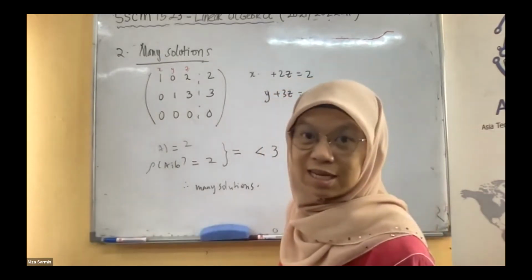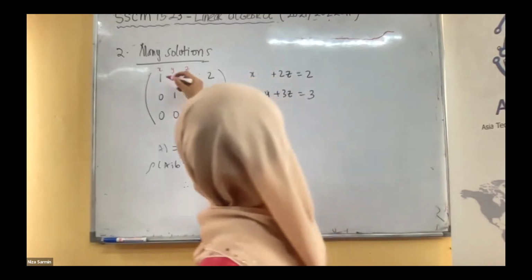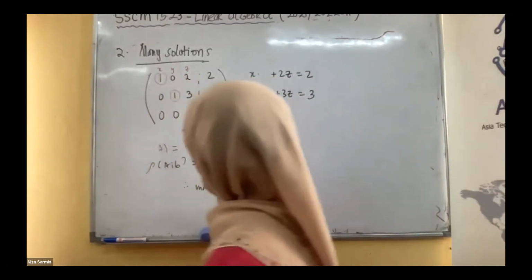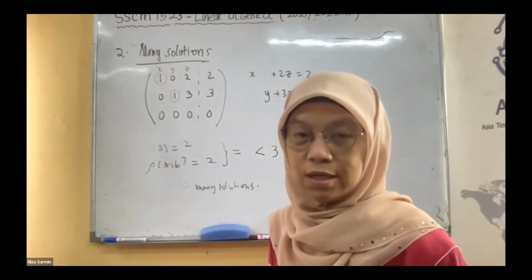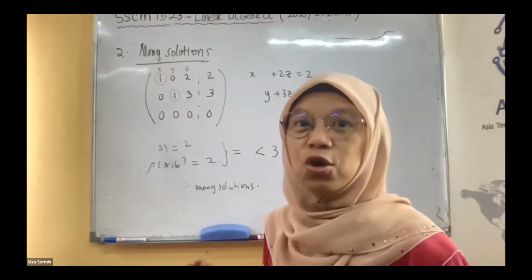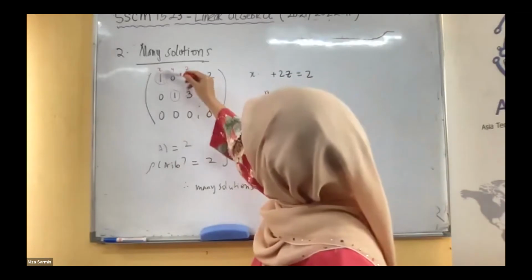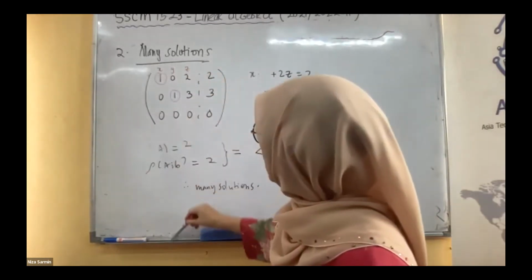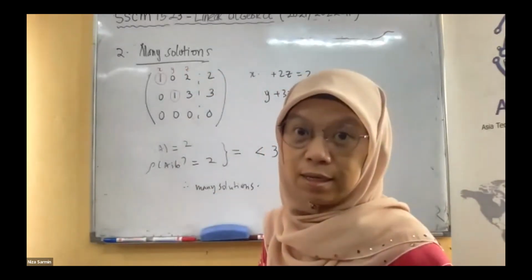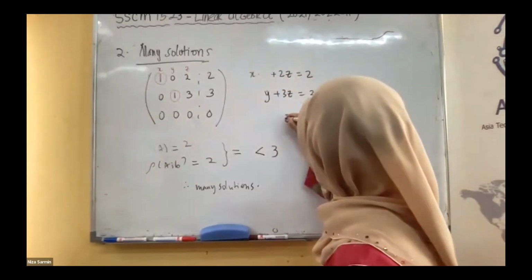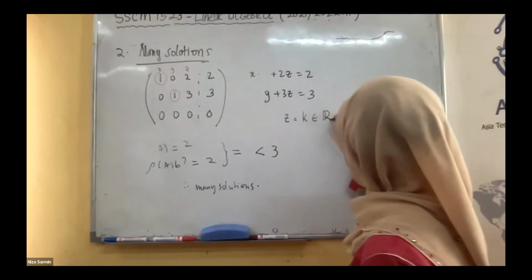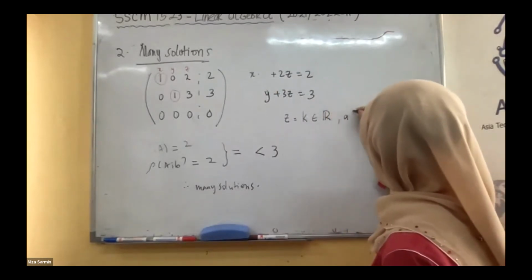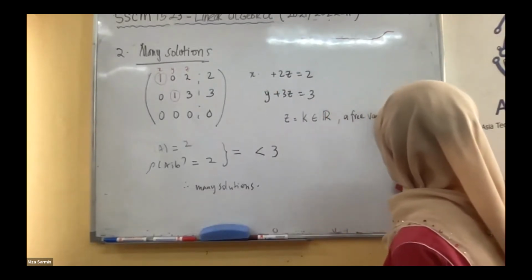And then circle the leading 1s. The column where we circle the 1 is the one that is not free. So x is not free, y is not free, z is free. So when z is free, we put it like this, a free variable.